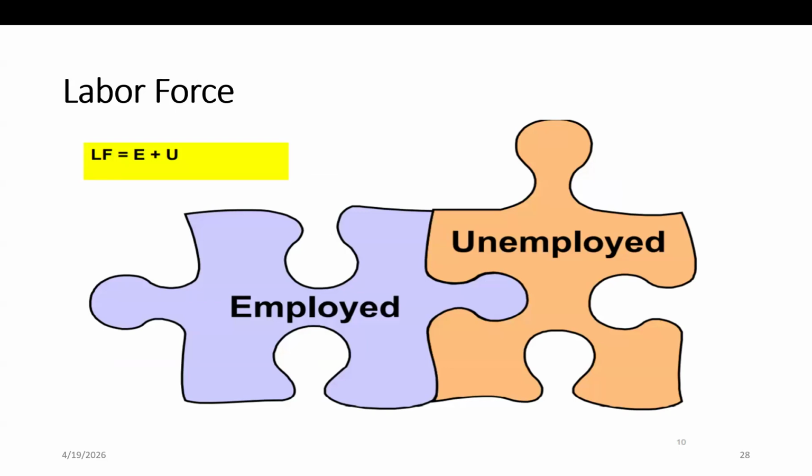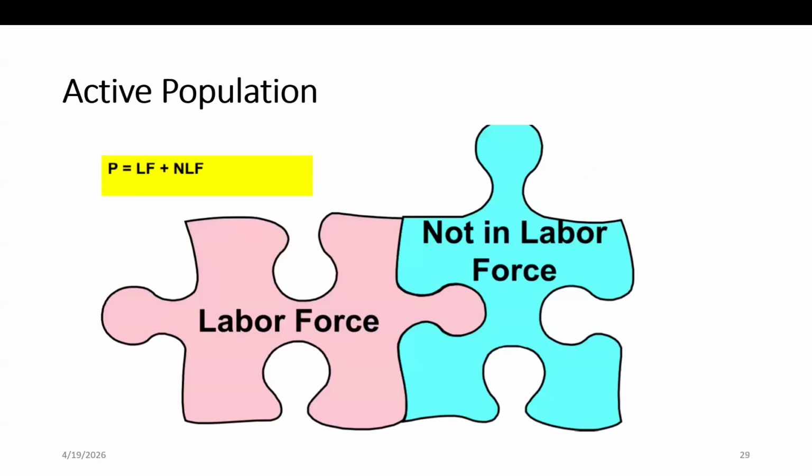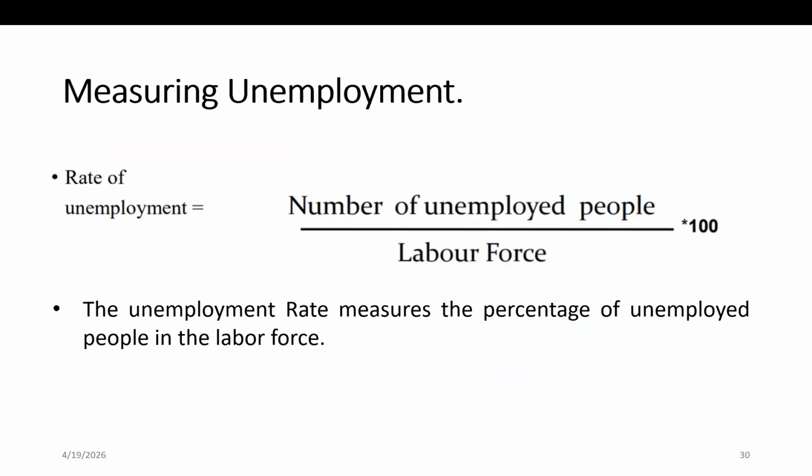So the labor force consists of both the employed and unemployed categories. And this is the active population. So the active population includes the labor force, that means the employed people and unemployed people, plus the not in the labor force people, right?